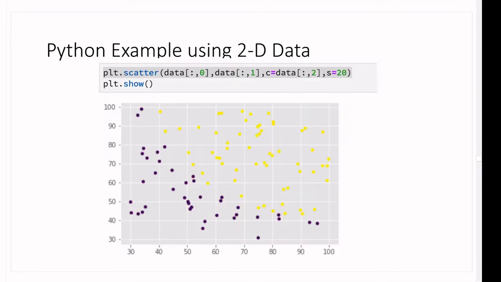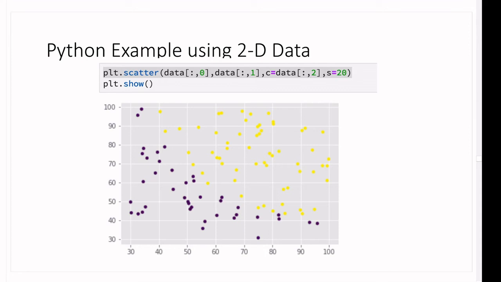Here is another example using 2-dimensional data. Again, we have generated some points at random, and that's the plot of those points, indicating that we have points from 2 classes.